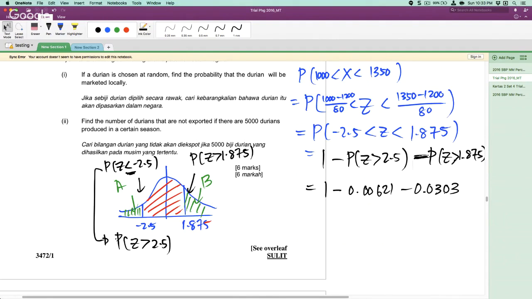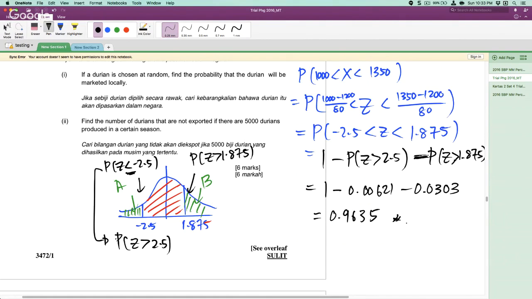Then you use the calculator, 0.0621 minus 0.0303, and you should be able to get the correct answer easily. It should be 0.9635. So this is the probability they are going to sell locally.